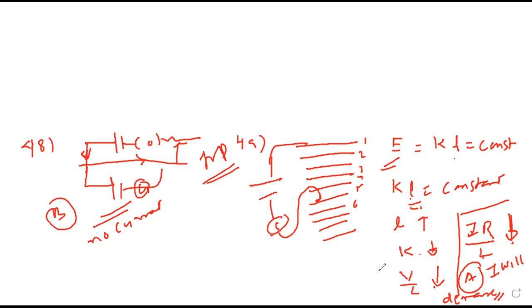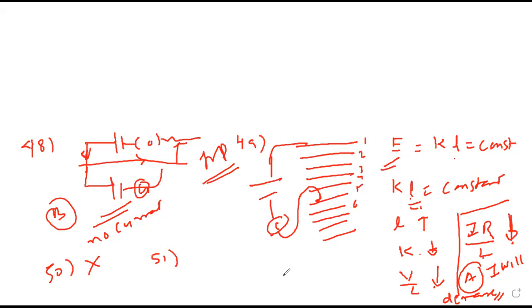In place of length, sometimes they can say sensitivity is increased, meaning is same. Sensitivity increased, that means balancing length is increased. We cannot do this because diagram is missing. 51 I am doing.